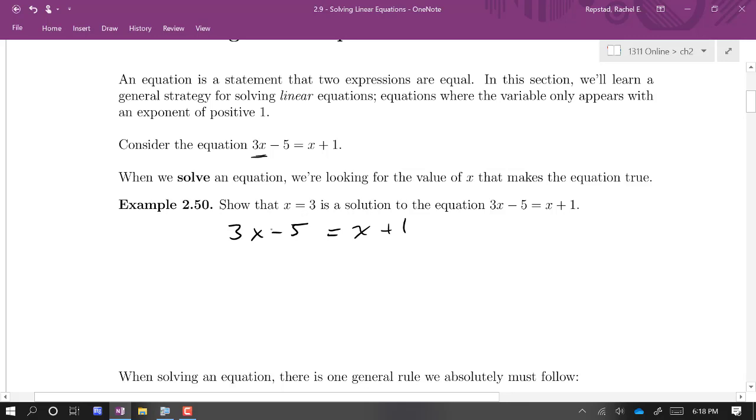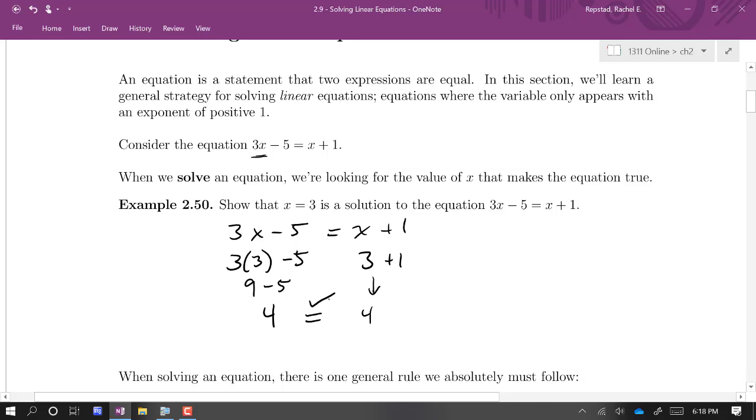If I substitute in the value 3 for x, on the left side we get 3 times 3, which is 9, minus 5, and that gives us 4. On the right side, 3 plus 1 is equal to 4.